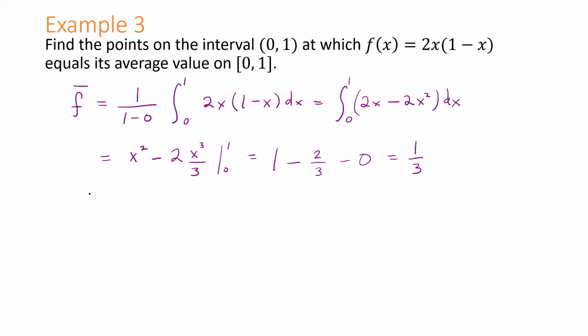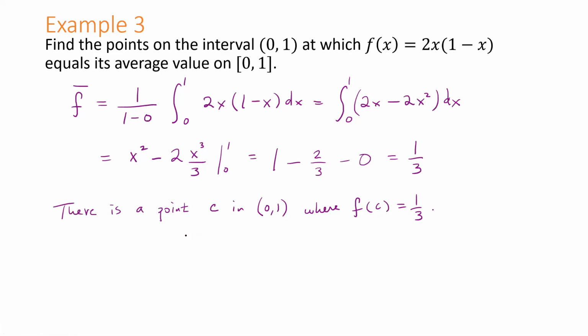So the mean value theorem guarantees there is a point c in the interval 0 to 1 where f of c is equal to 1 over 3, where f of c is equal to our f bar that we just computed.